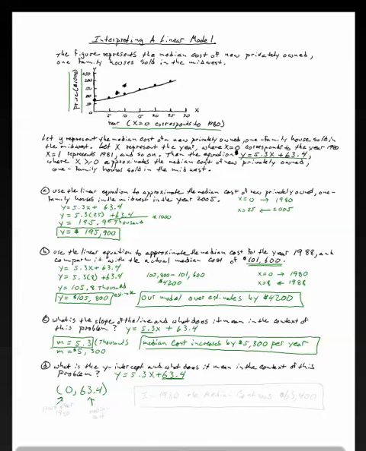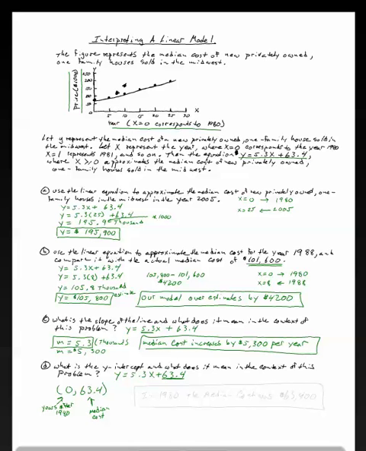So x is years after 1980, and y is the median cost. So 0 years after 1980 is 1980.